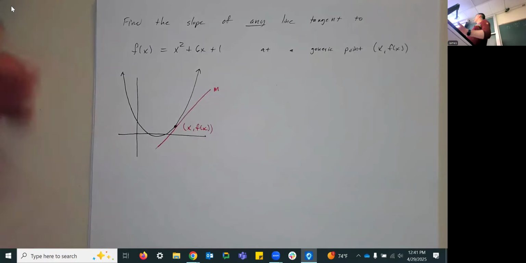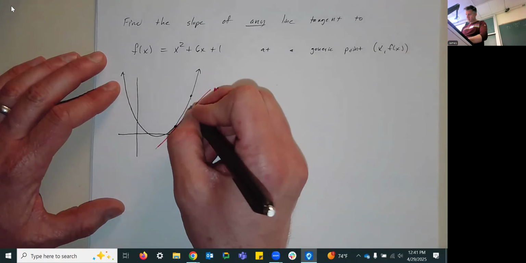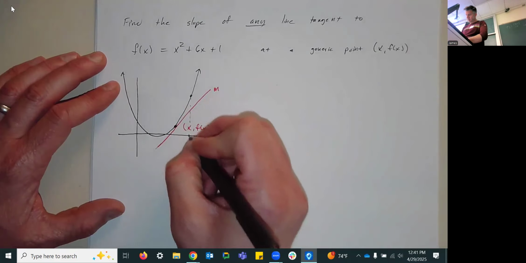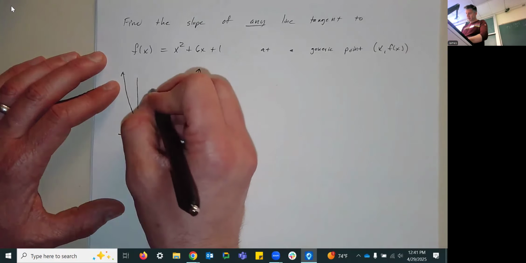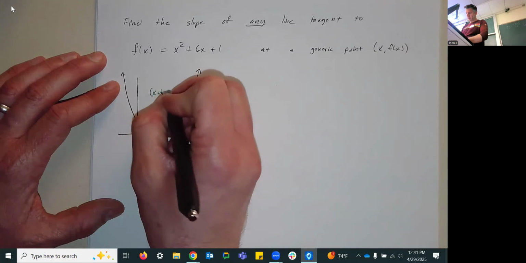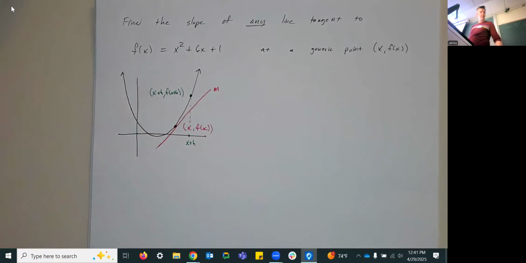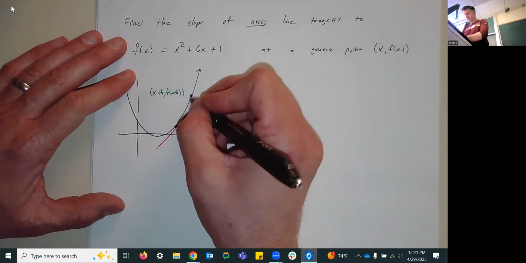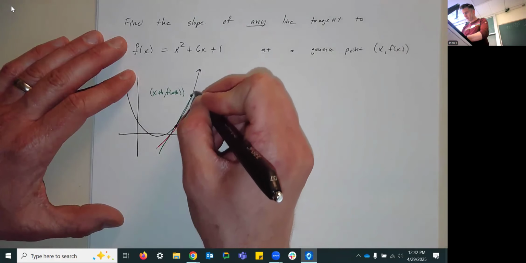And then we're going to apply the same sort of thinking we did last time, where we're going to move over a little bit to say x plus h. So that this point here is x plus h comma f of x plus h. And first find the slope of the secant line that goes between these 2 points.